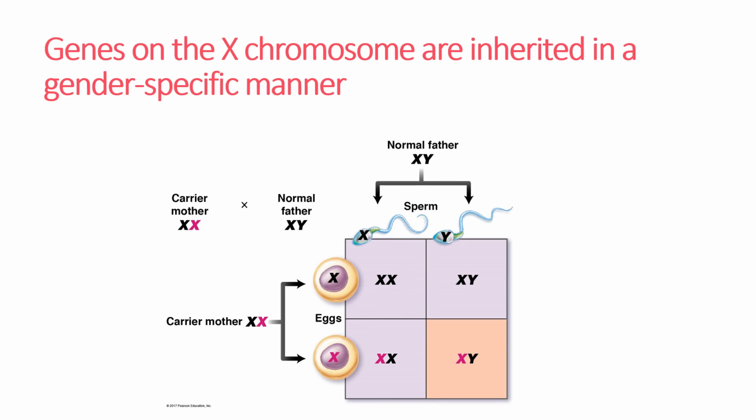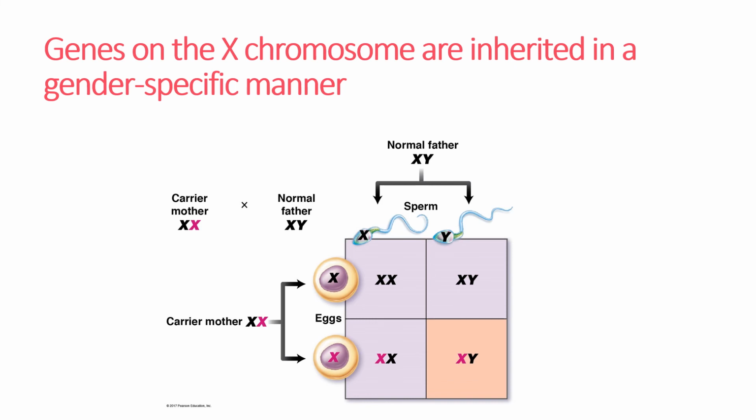Because females have 2 X's and males have only 1, it's possible for recessive traits to be overshadowed by a dominant version of the allele in females, but it is not possible in males because they don't have a second allele to overshadow that recessive trait.